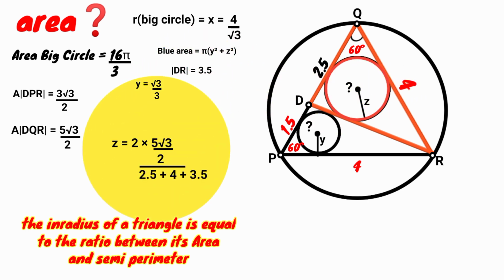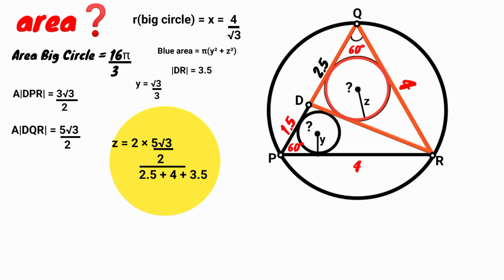So z equal to 2 times 5 root 3 over 2, all over 2.5 plus 4 plus 3.5. 2.5 plus 4 is 6.5. 6.5 plus 3.5 is 10. This 2 cancels this 2. And this 5 can go into this 10 2 times. So z equal to root 3 over 2.